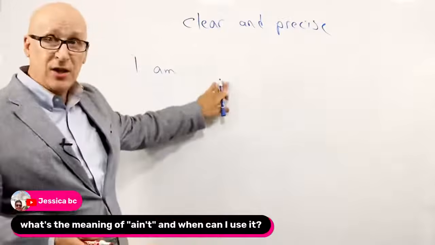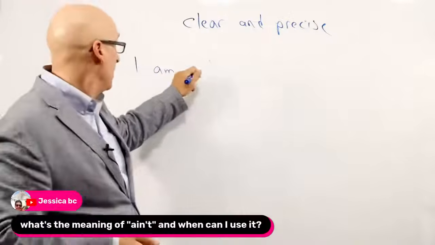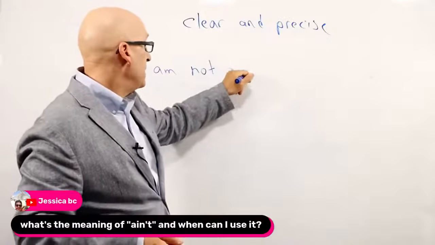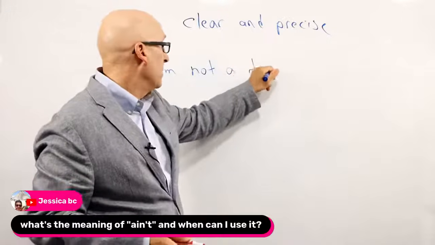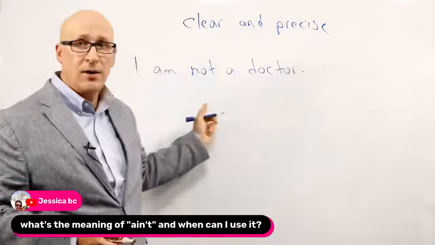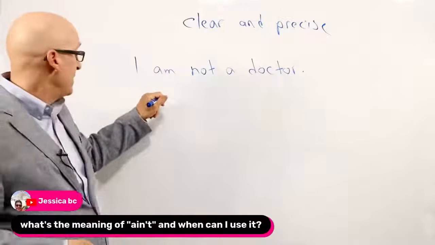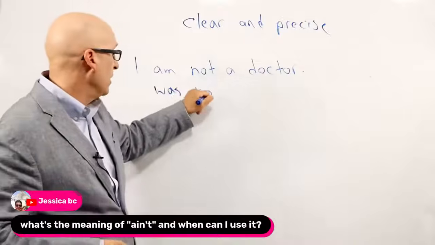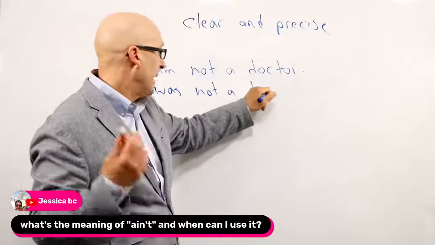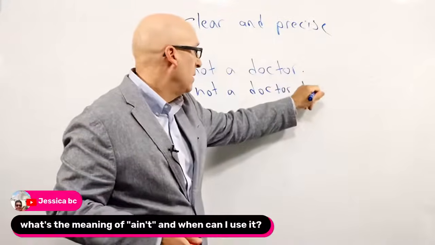Okay, it's a contraction of the be verb am. I am not a doctor. Okay, I am a teacher. I'm not a doctor. And if I use past tense, I have to say I was not a doctor last year, for example.